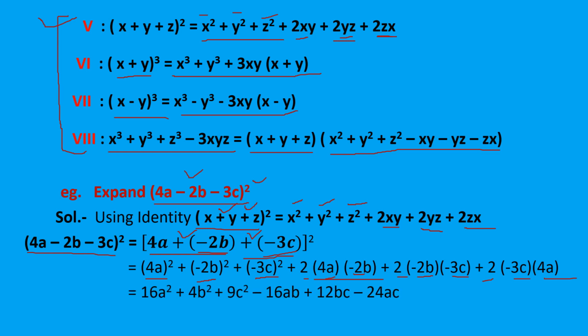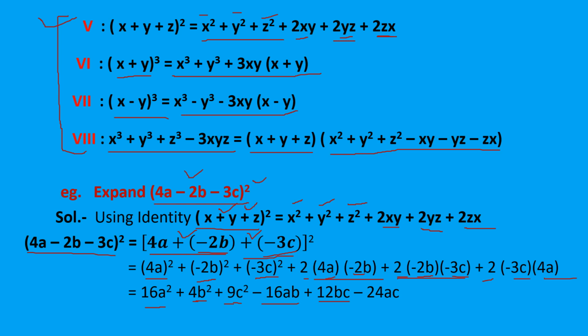So 4a whole square means 4 into 4 is 16 and a square, so 16a square. Now (-2) whole square is 4 and b square. (-3) whole square is 9 and c square. Now here 4 into -2 is -8, and -8 into 2 is -16, so -16ab. Now -2 into -3 is +6, and 6 into 2 is +12bc.